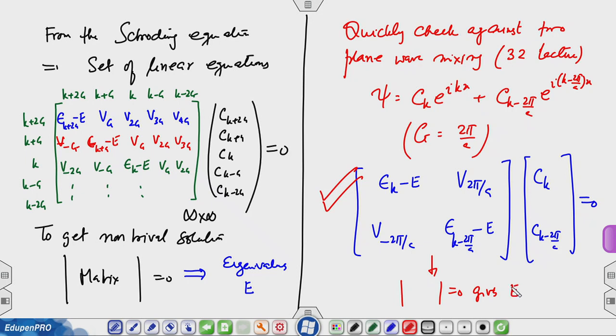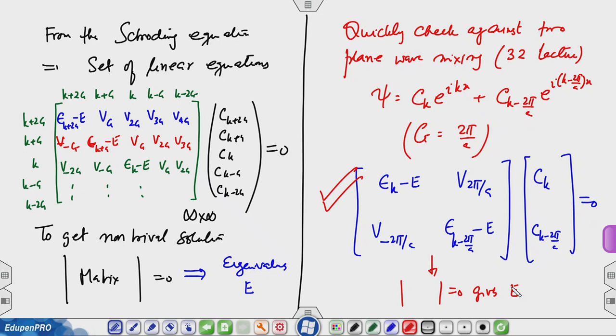So, now the entire thing is very clear: you take the Schrodinger equation, which has a periodic potential, then the only waves that mix when I expand the wave function in terms of plane waves for a given k are k, and you add the reciprocal space vector to it, and then you get an equation.